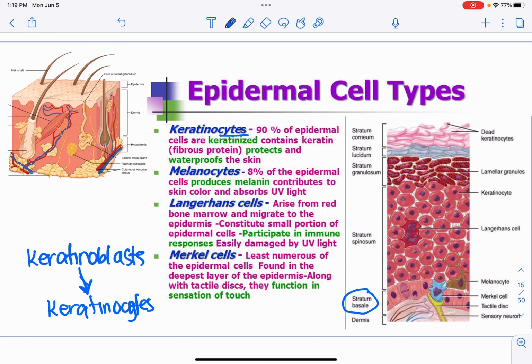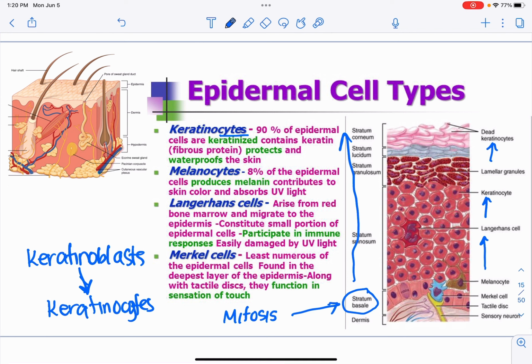So in the stratum basale, that is where mitosis and division is going to occur, and that is the layer that is going to produce all of the other cells. And so the cells are going to migrate to the top. They're going to start with division in the stratum basale, and as the keratinocytes begin to mature, they will begin to migrate to the surface of the skin.